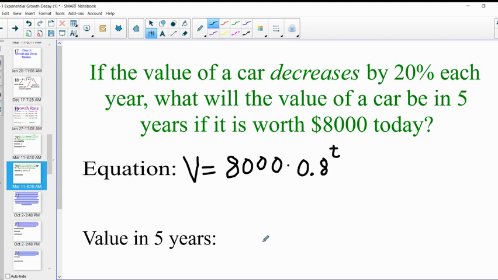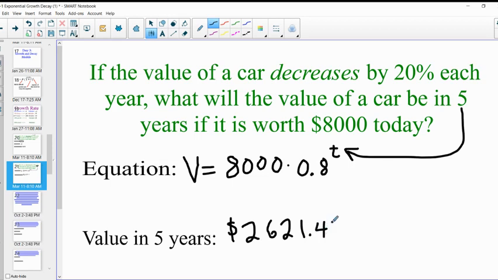And so if I want to find the value of my car in 5 years, I'll just plug 5 into that. I went ahead and did this before starting the video, and when I plugged 5 in for T, I got a value in 5 years of $2,621.44.